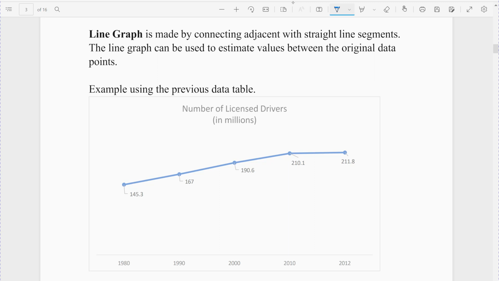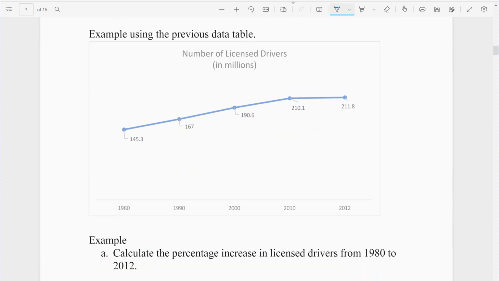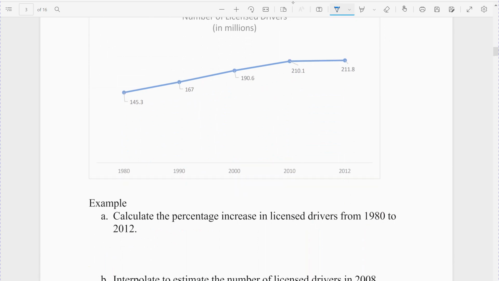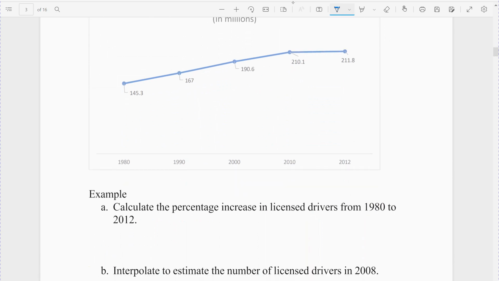And then we've connected the dots between each of the years. Sometimes, like I said, it gives you a better representation of what's going on over the years.